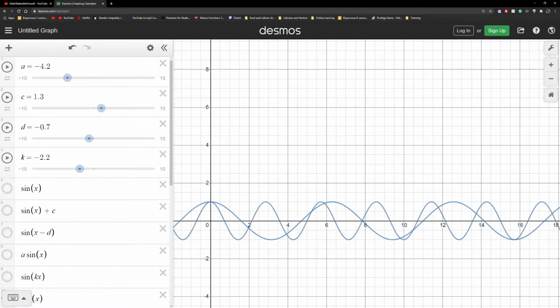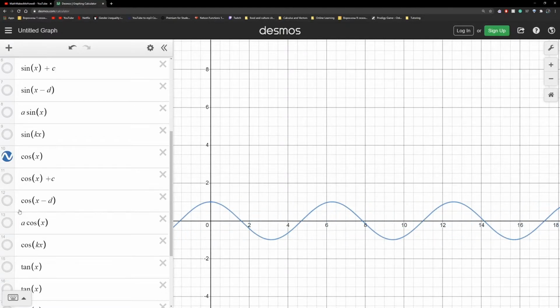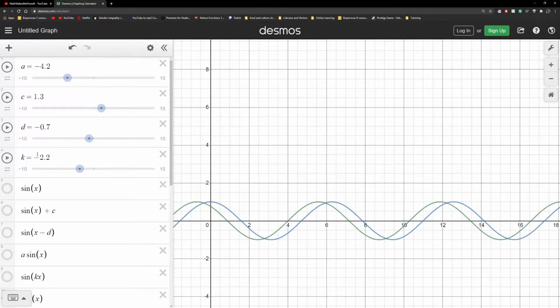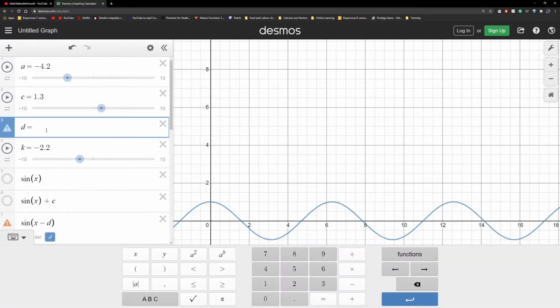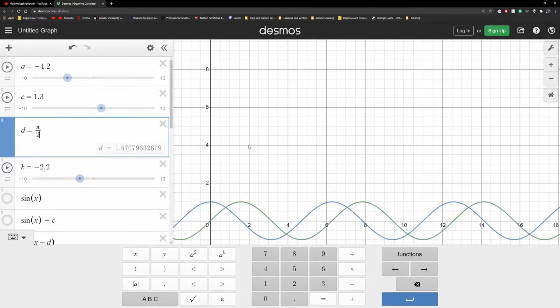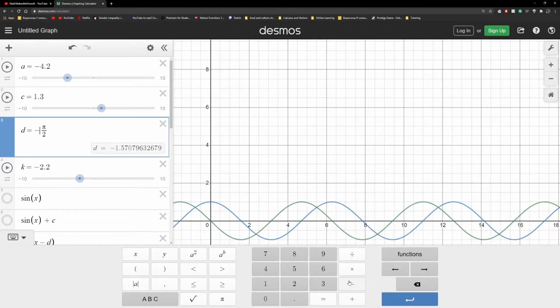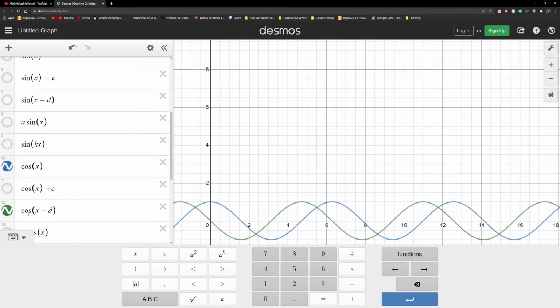The fun part here is that using these, you could easily prove that sine of x and a transformed graph of cosine of x actually exist. So let's see if that is correct.